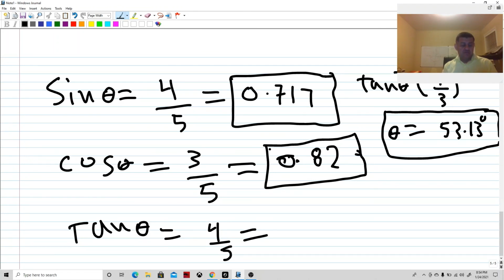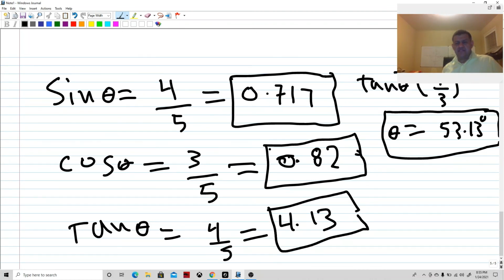Tangent of theta is 4/3. Did I say 4/5? That's 4/3, right? And that is equal to 4.13. Okay, so that is the value for that.